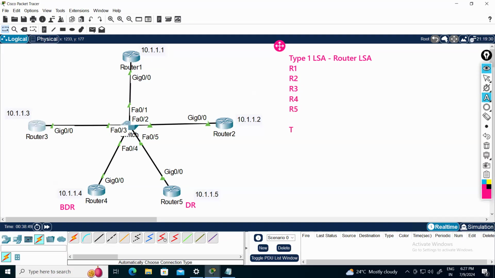But when I see the type 2 LSA information, which is also known as network LSA, here I will have information about only one router, which is R5, the DR only. Everybody generates type 1 LSA, only DR generates type 2 LSA, not even your BDR. This is clear? Let's go and check it.